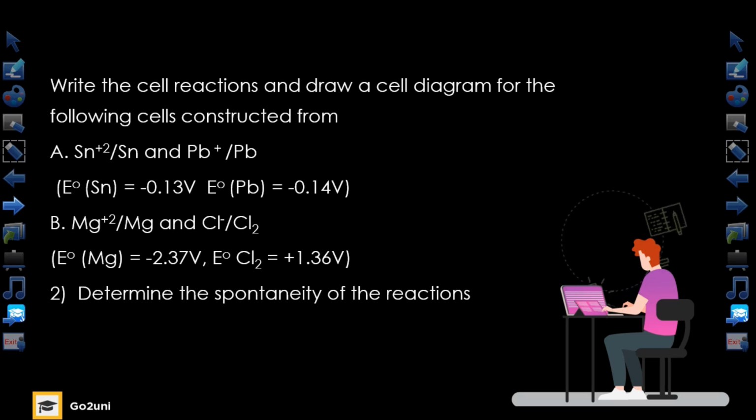You have to write all the cell reactions for these two questions and go ahead to determine the spontaneity of the reaction. This is actually what is expected of you to do. So with that, we have come to the conclusion of the spontaneity of a given reaction.